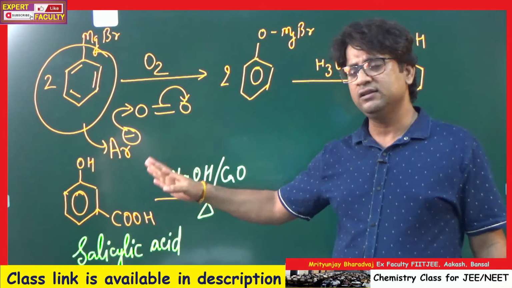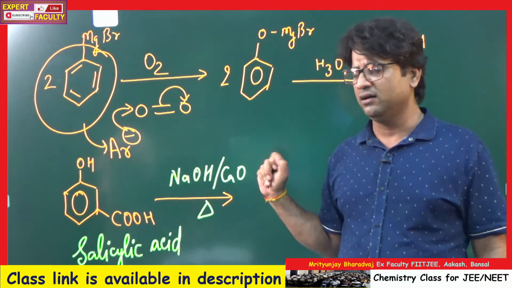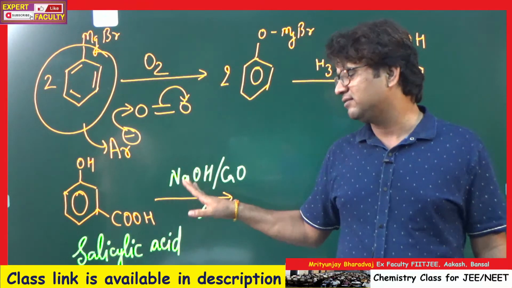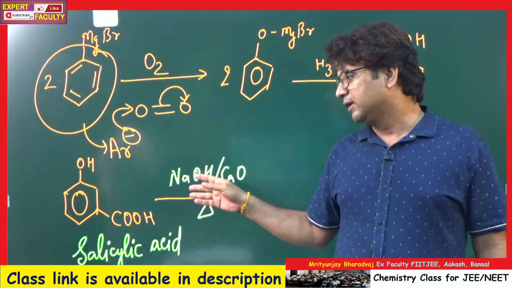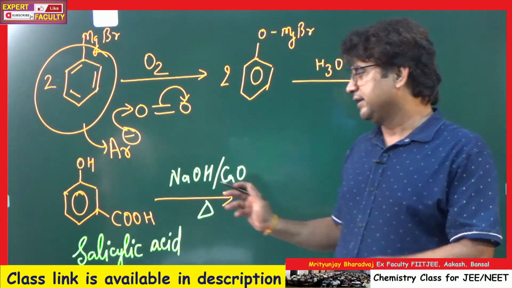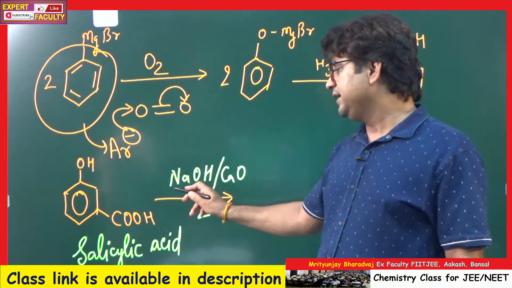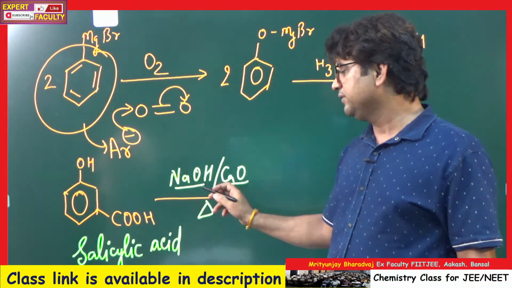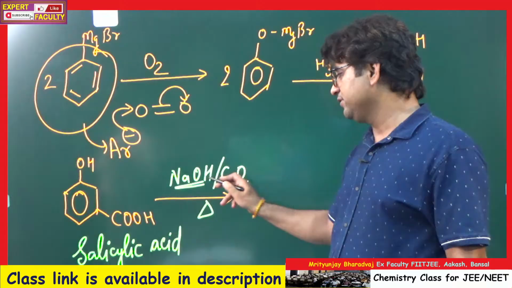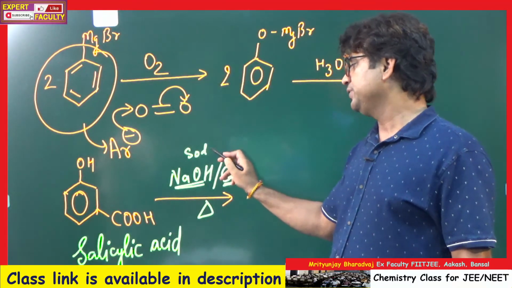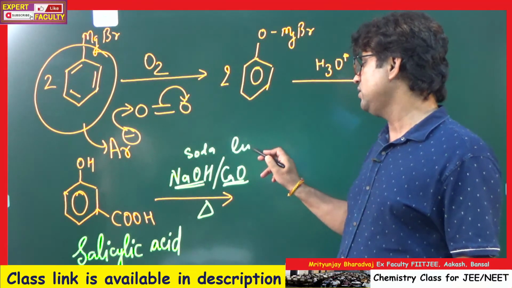So look, this is very frequently present in JEE Main, and in Advanced you will find it in lesser number, but it is asked in both the exams. The reaction is when we heat NaOH with CaO, this is called soda lime. NaOH is called soda and CaO is called lime.